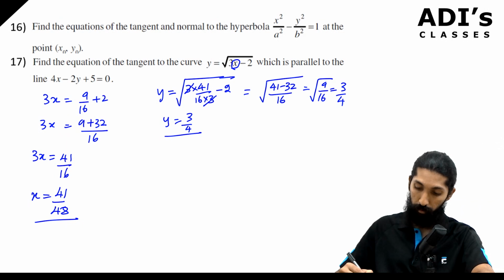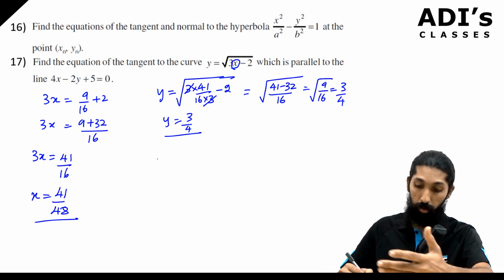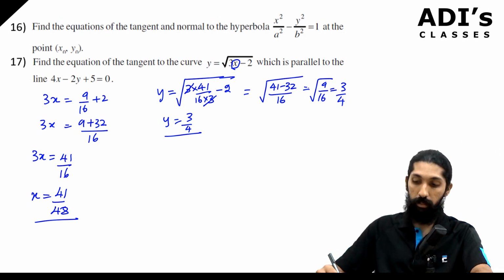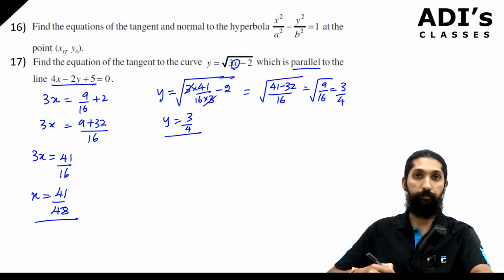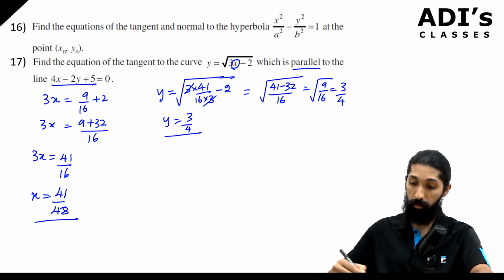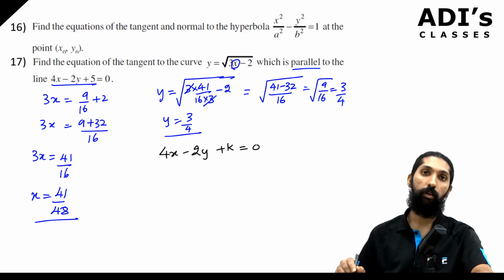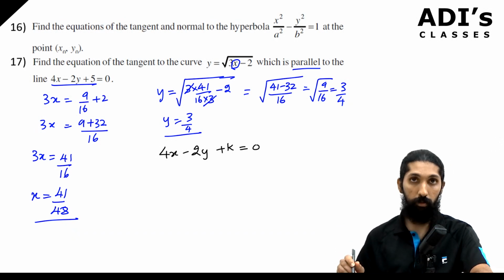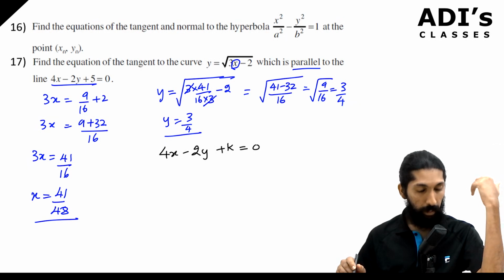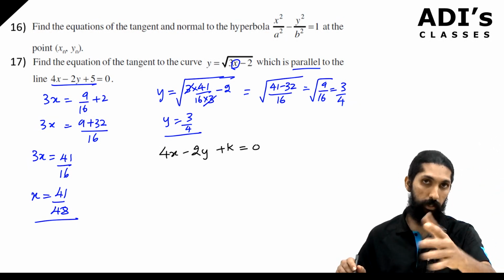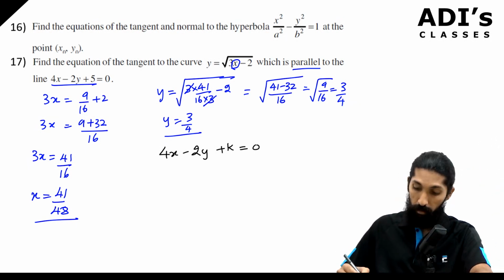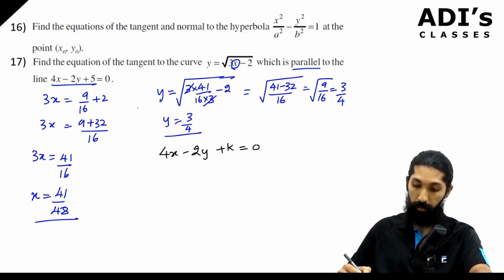Now substitute y minus y1, or you know what you can do. Since it is parallel to this line, we can say that the equation of the line will be 4x minus 2y plus k is equal to 0. Or you can use y is equal to mx plus c, or any of the forms. I'm just using this form. Put the x value as 41 by 48 and the y value as 3 by 4.